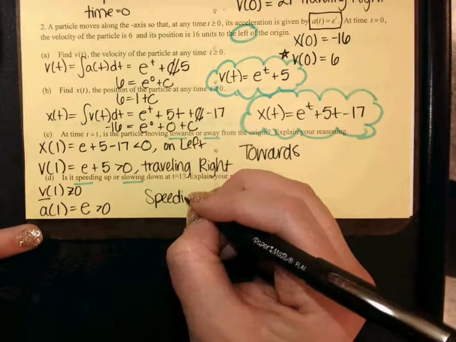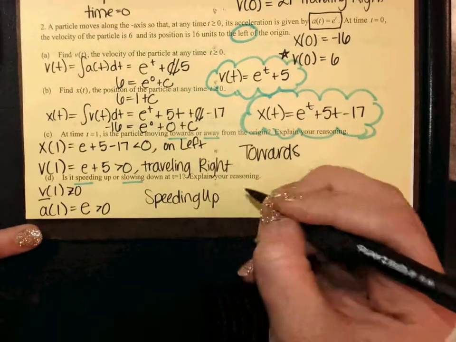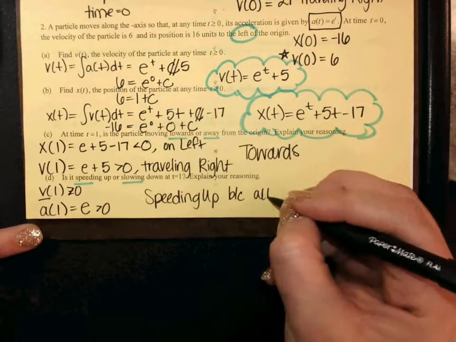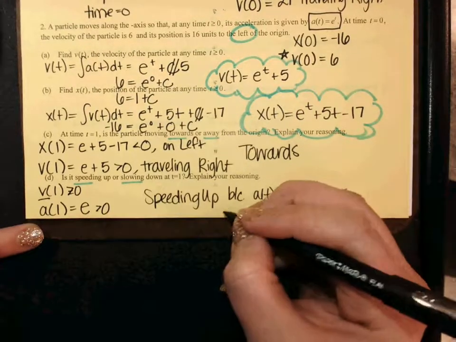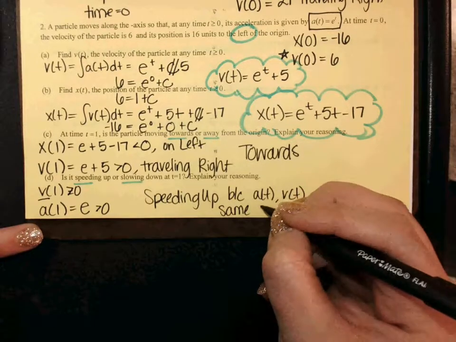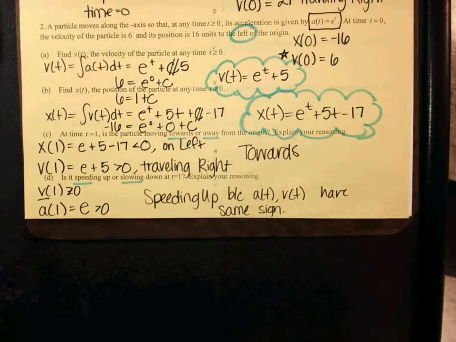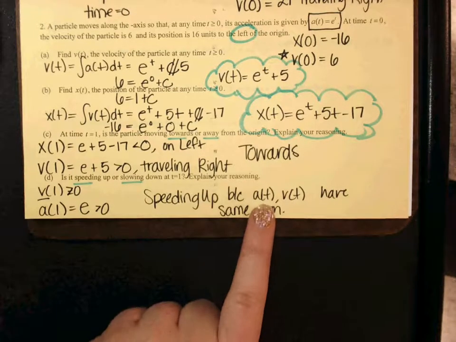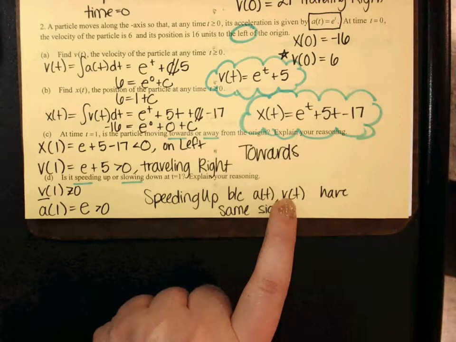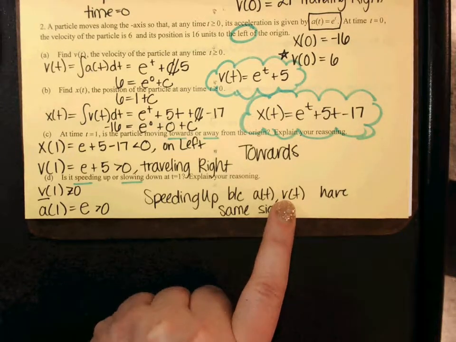Now, I'm going to write something wrong. A of t, V of t have same sign. What is wrong with it? Yes, this says that acceleration and velocity at any time have the same sign.